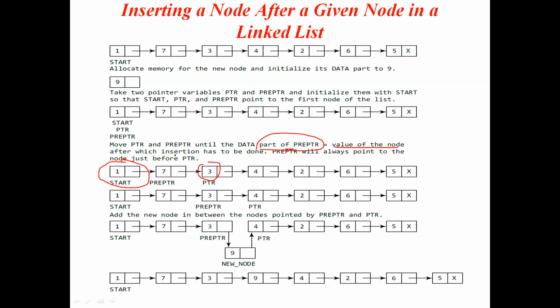I will say insert after 3. I will give the input to the program, after 3. So here 3 is nothing but the data part. It will check whether it is matching with 3 or not. If it is matching with 3, it will stop there. Then after that, it will insert the newly created node.